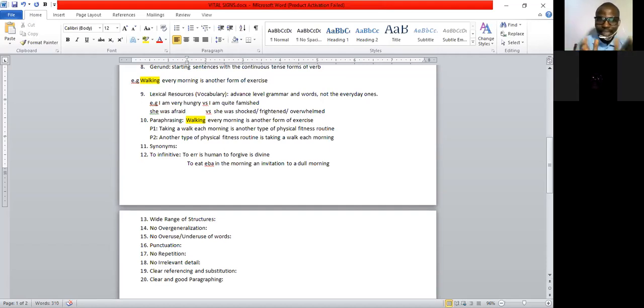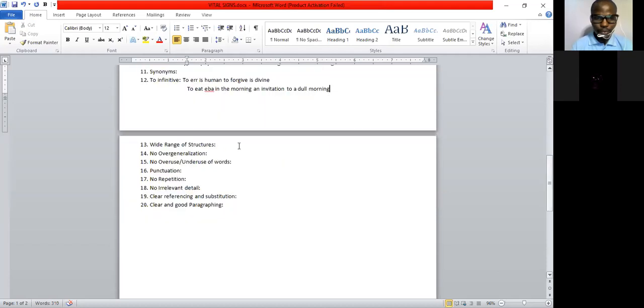So you should try as much as possible to bring to-infinitive into your essay, and you should also be able to understand and identify them.